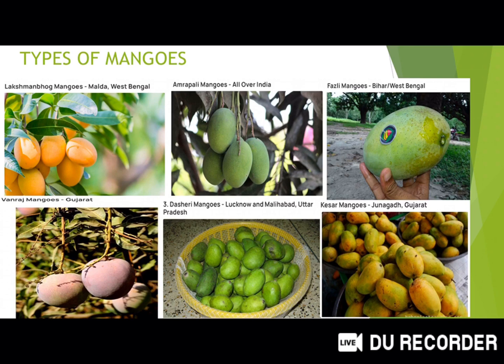So, dear children, these are the different types of mangoes which are found in different parts of India, and they are mostly available all over India in the summer season.